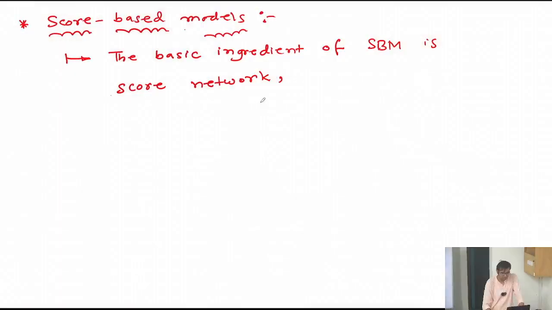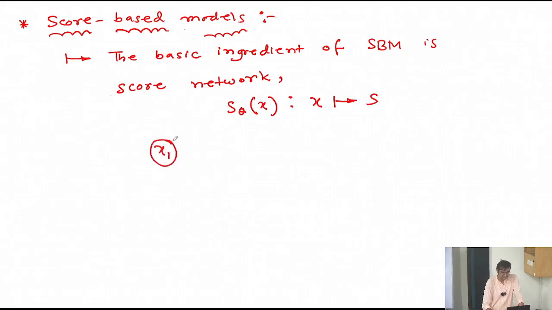Clear? Okay. We bring this score network into the picture. So this score network is s theta of x. Basically, it maps x to s. If I draw a dummy kind of network, that is x1, x2, x3, and then I have my s theta network.